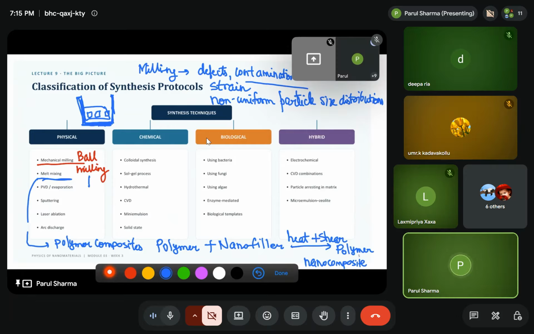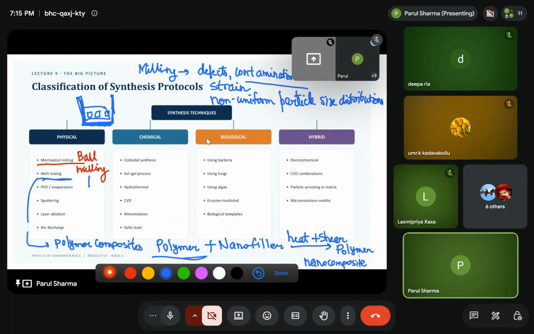So how does it work? First of all, the polymer is heated. Obviously, if we want to add some material, it should be uniformly distributed inside. So we take the polymer and heat it above its melting temperature so that it becomes viscous and can flow.